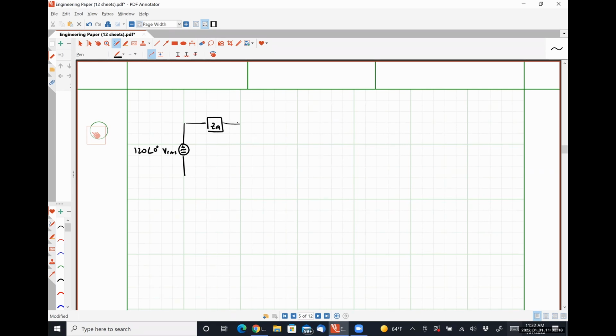Which is used to supply 3 loads like so: ZA, ZB, and ZC. And over here on the right-hand side, let's say that we have a current source, 5 angle 45 degrees amps RMS.